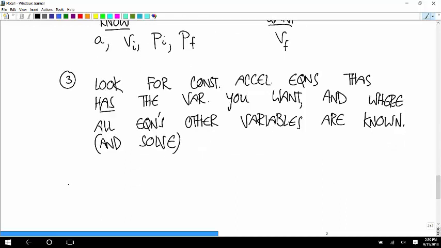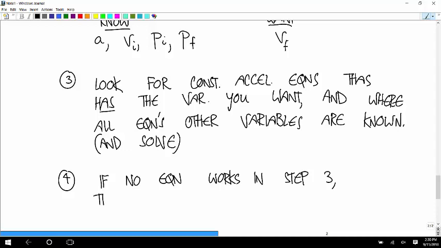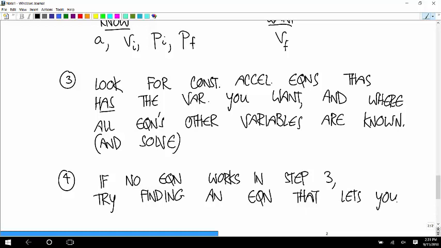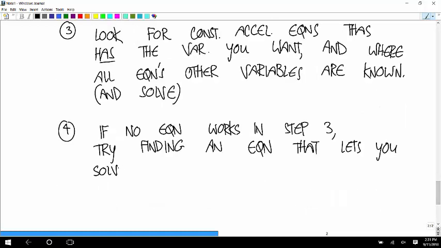But if there isn't one like that, if no equation works in step 3, try finding an equation that lets you solve for another unknown variable.